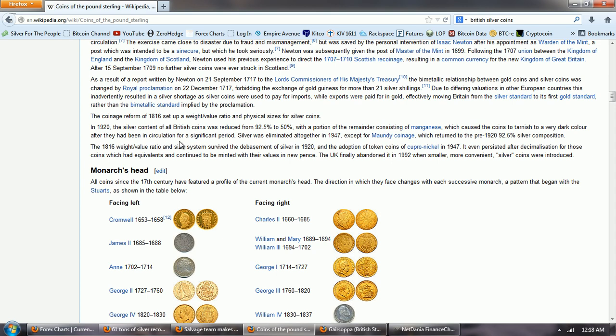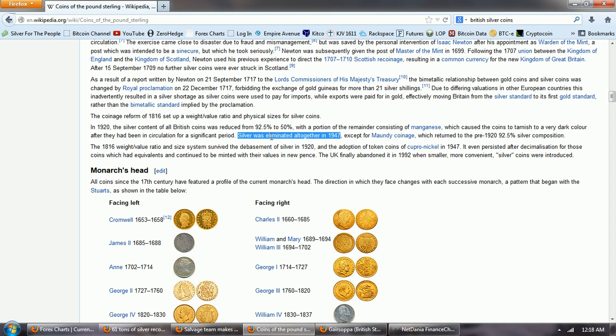In 1920, the silver content of all British coins was reduced from 92.5% to 50%, with a portion of the remainder consisting of manganese, which caused the coins to tarnish to a very dark color after they had been in circulation for a significant period. Silver was altogether eliminated in 1947, except for Maundy coinage, which returned to the pre-1920 92.5% silver composition.